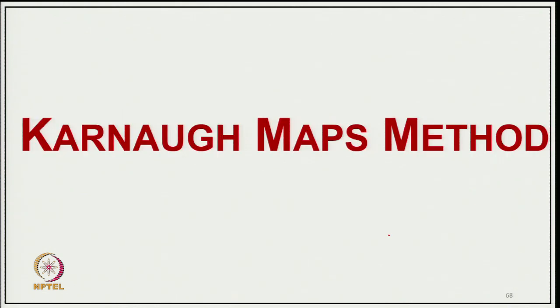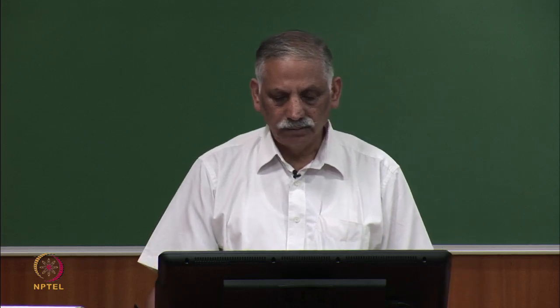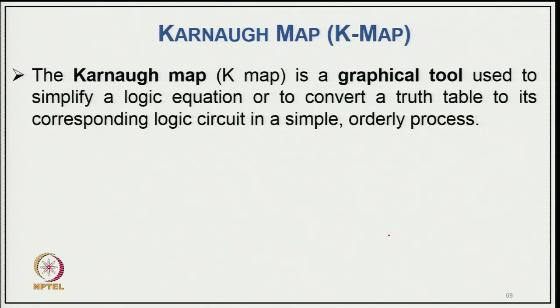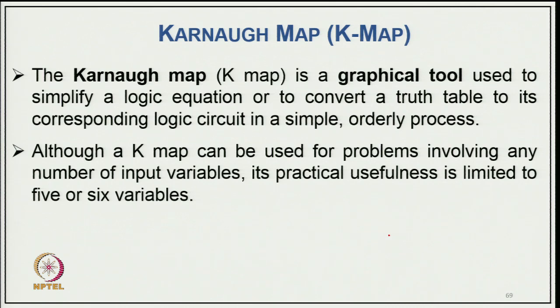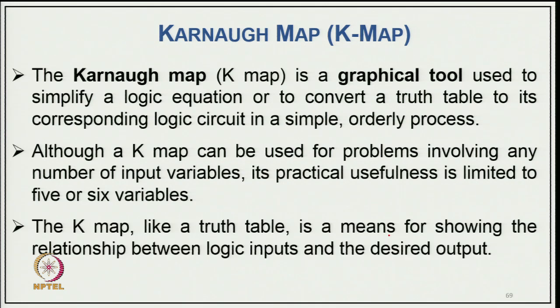Now, coming to another method, we call the Karnaugh Map method. This is also a graphical method of solving logical design. The Karnaugh map, K map in short, is a graphical tool used for simplifying a logic equation or converting a truth table into a corresponding logic circuit in a simple, orderly process. Although a K map can be used for problems involving any number of input variables, in practice its usefulness is limited to 5 or 6 variables.